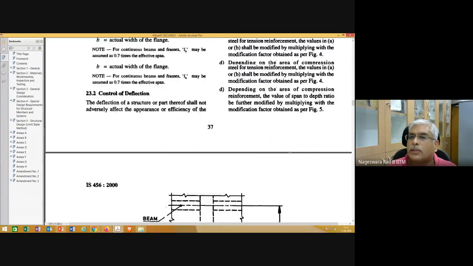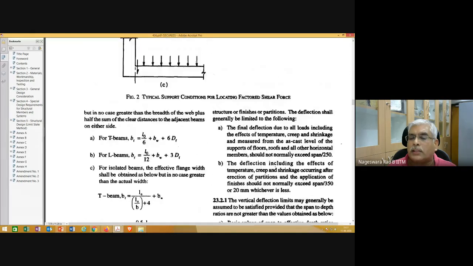Once these two conditions are satisfied, then I can take advantage. Instead of taking it as a rectangular section beam, I can consider it as a T section or an inverted L section, and the effective width of the flange can be calculated using these two equations.